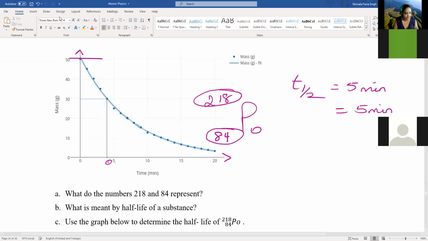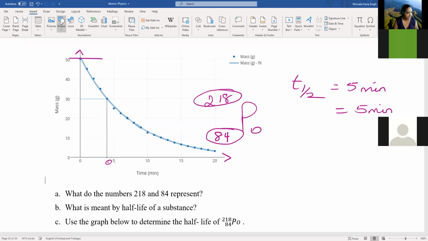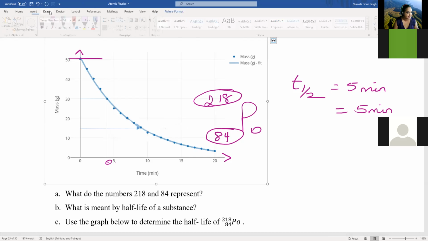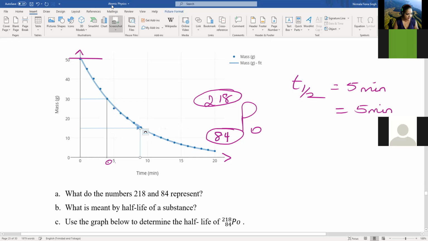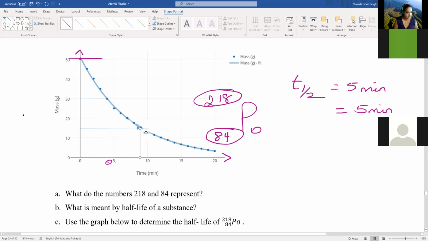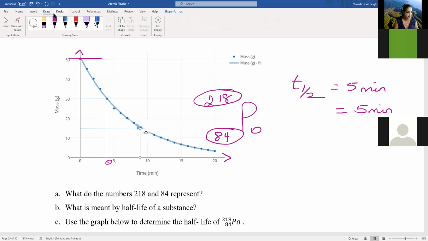Then you find half of 30, which is 15. We find 15, about here, and then see where that coincides on the graph and read down. That gives us the half-life if we take it from 30 to 15. We read the time it takes to go between these two points.